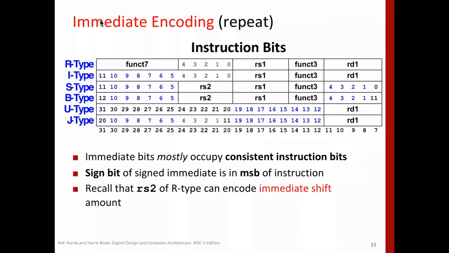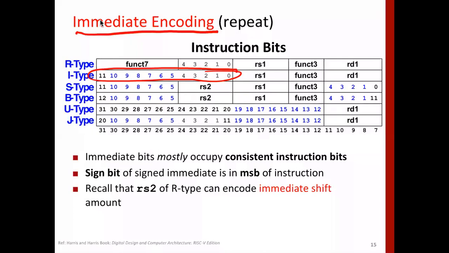Now look at the immediate encoding in the various types of instruction. When we say immediate encoding, it means that the data value is encoded in the instruction. For example, we can have add immediate, which is this type of coding.